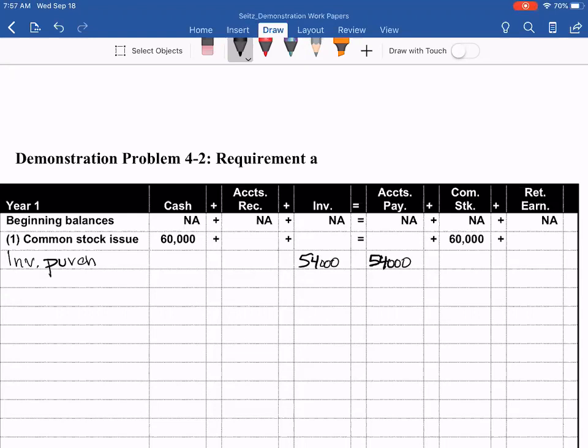The freight terms for the merchandise delivered were FOB shipping point. KDS paid the freight of $1,000 in cash. So this is a little bit different. Sometimes the freight is included in the cost of the merchandise. This one was actually paid separately with cash. So FOB shipping point means that if it's FOB shipping or FOB destination, whatever point it is, that's who actually takes ownership of the merchandise.